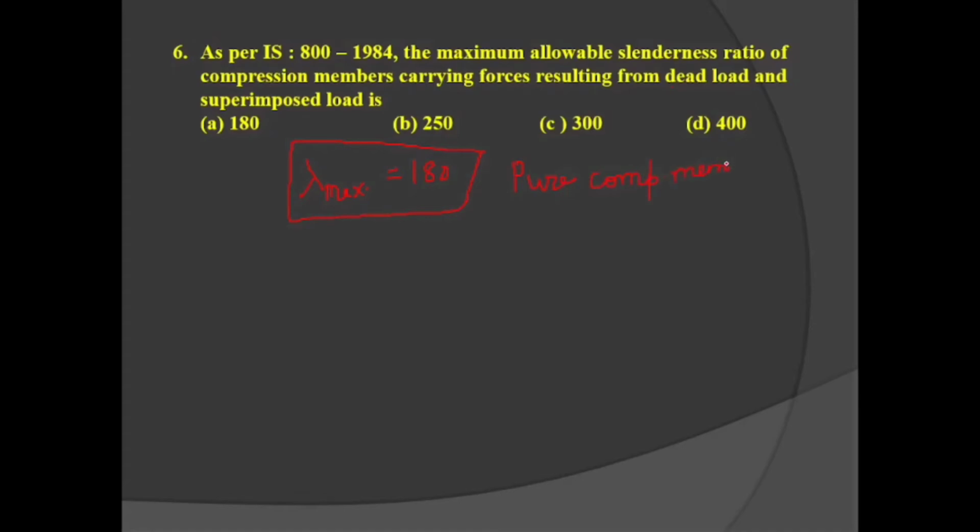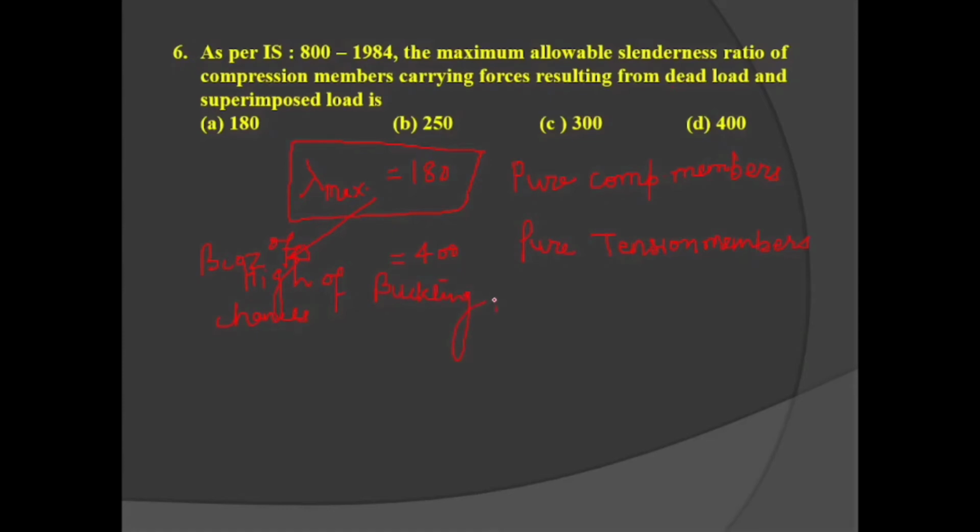However, for pure tension members, lambda maximum is 400. If it becomes more than 400, then the tension member behaves as a cable.